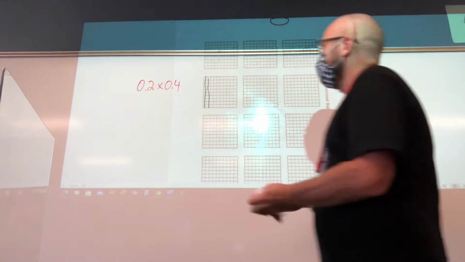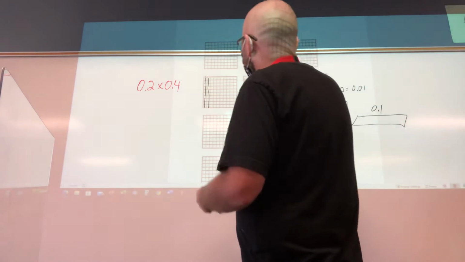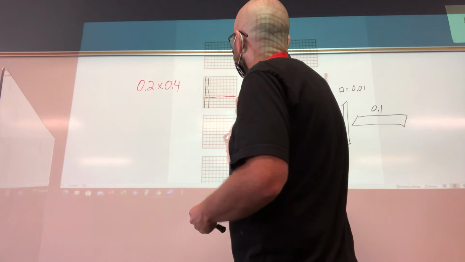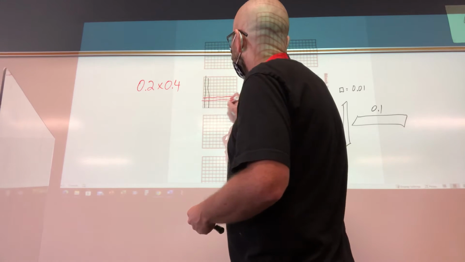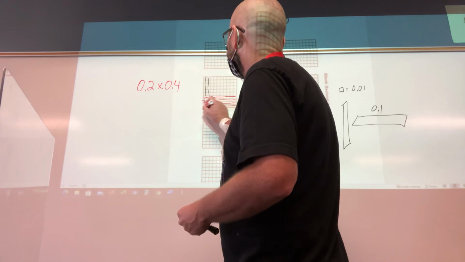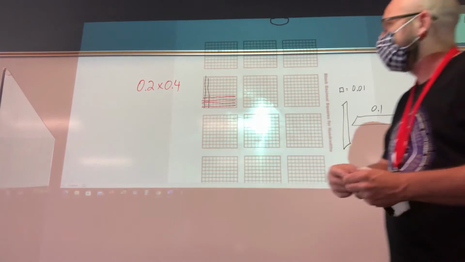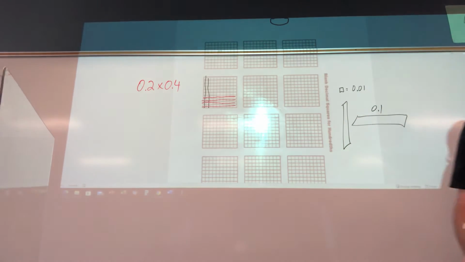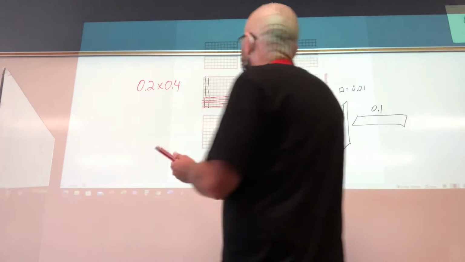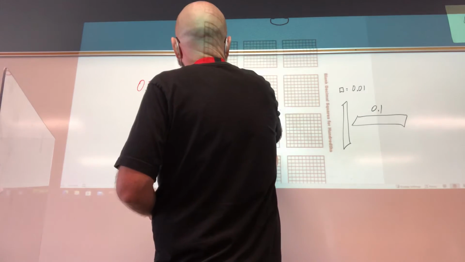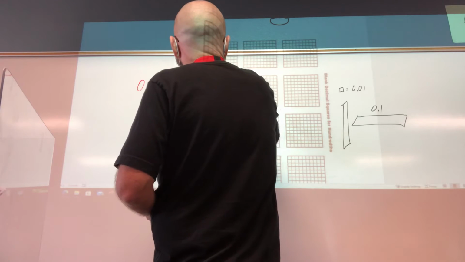Then I'm going to take a different color and shade in 4/10 the other direction. This one's horizontal. Then I have to look at what is shaded in both. What is shaded in both is these right here.